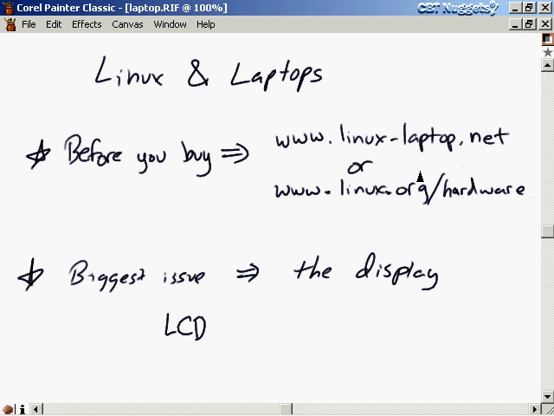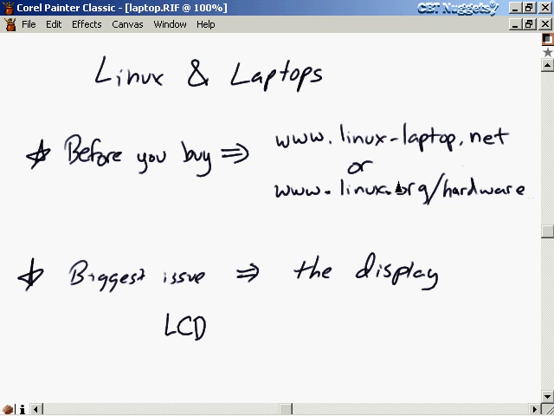If they posted it, you can just grab that XF86 configuration file for the X Windows system and use it and see if that gets your display to work fine. It's better than experimenting, especially if you're a novice, through all the possibilities of the configuration settings. That can get old really fast.